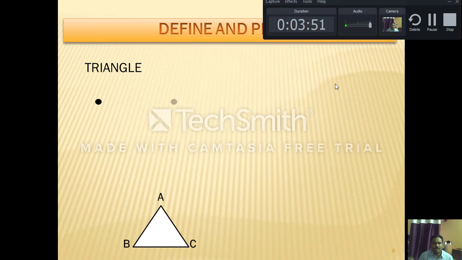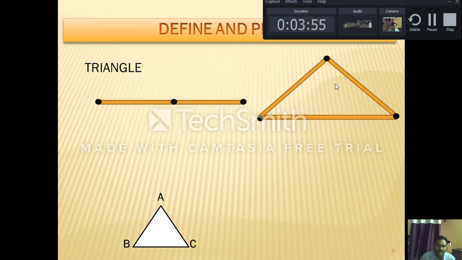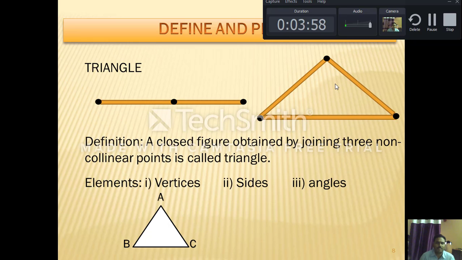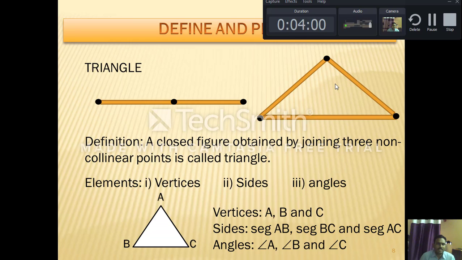Now, the second part of this presentation is define and prove. First of all, we will define what a triangle is. We know how a triangle is formed. You see the first figure shows a segment, and on that segment there are 3 points.